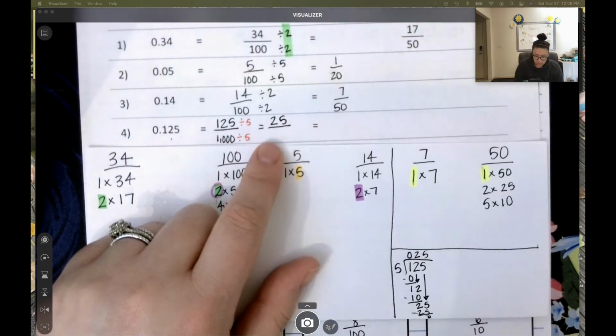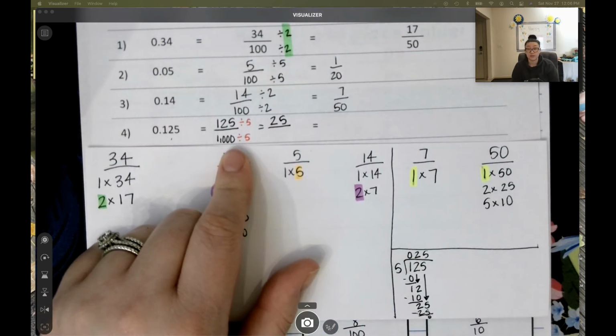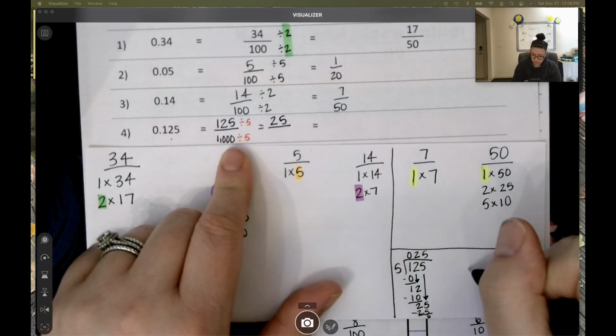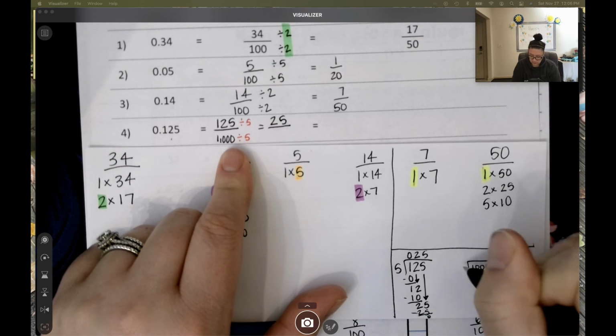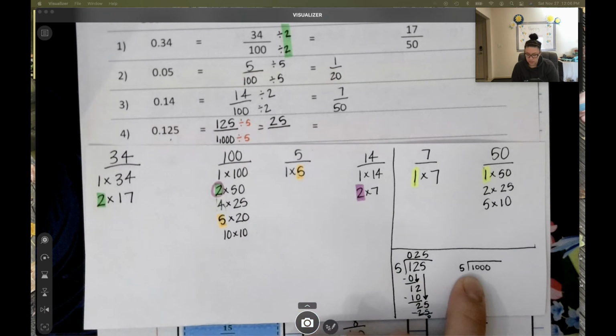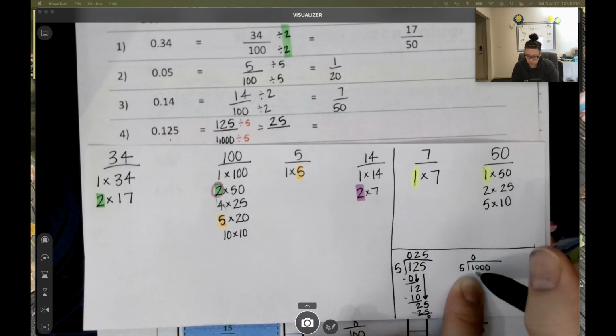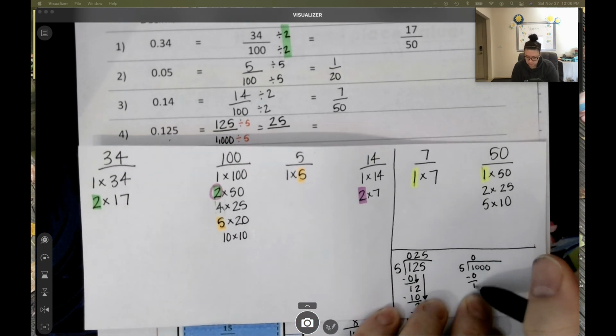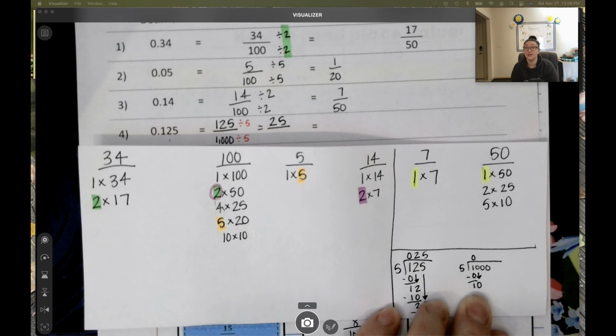25. Now I have to do the same thing for 1,000. I have to do 1,000 divided by 5. Does 5 go into 1? Nope. Does 5 go into 10?